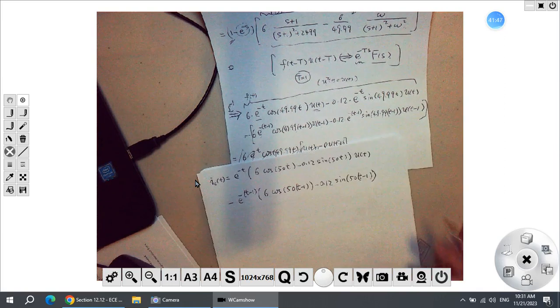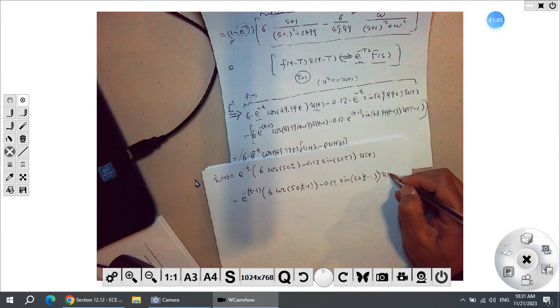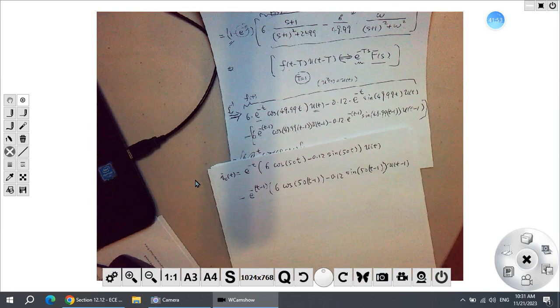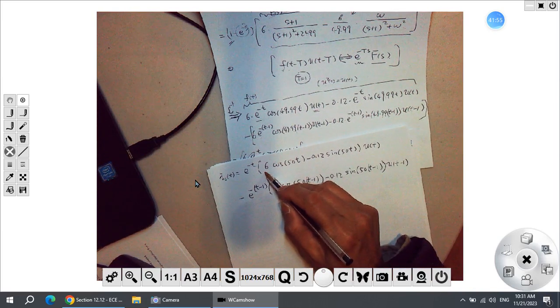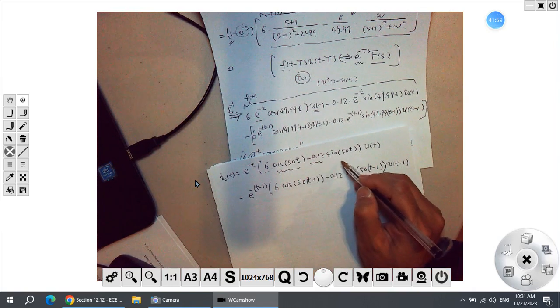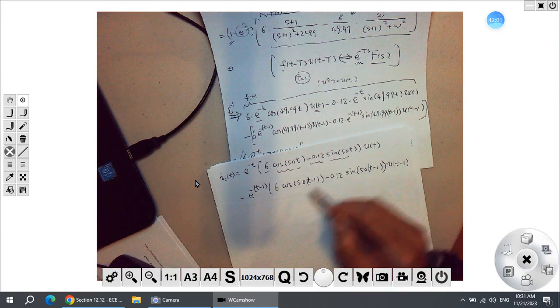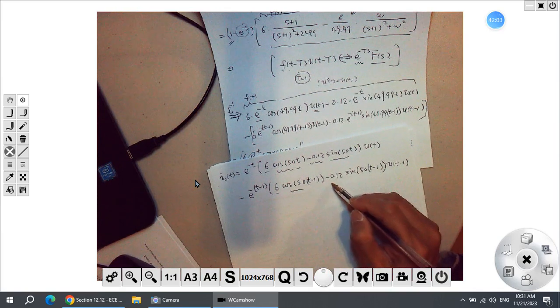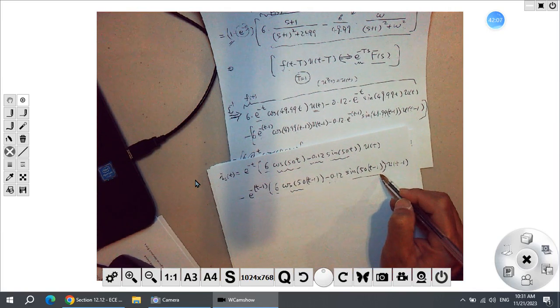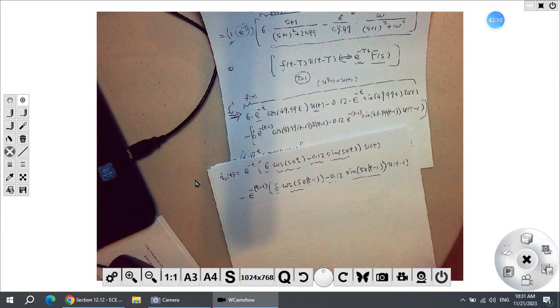And then both contain u of (t minus 1). Okay, separated into these two parts. Then about this one, I have 6 times cosine and negative 0.12 with a sine. This is cosine, right?